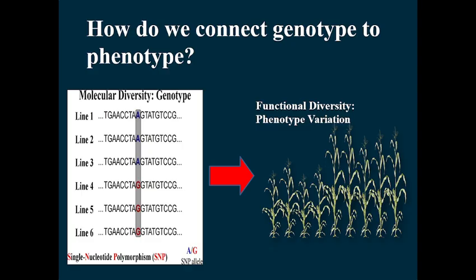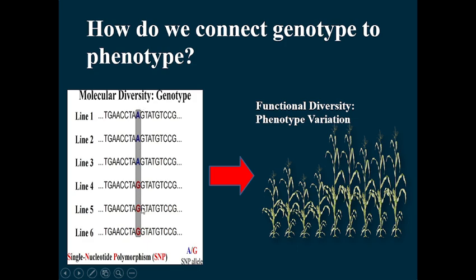For any kind of mapping, like linkage or association mapping, we require phenotype and genotypic data. Here we have genotypic data in the form of SNP markers. You could also have SSR or any other marker.